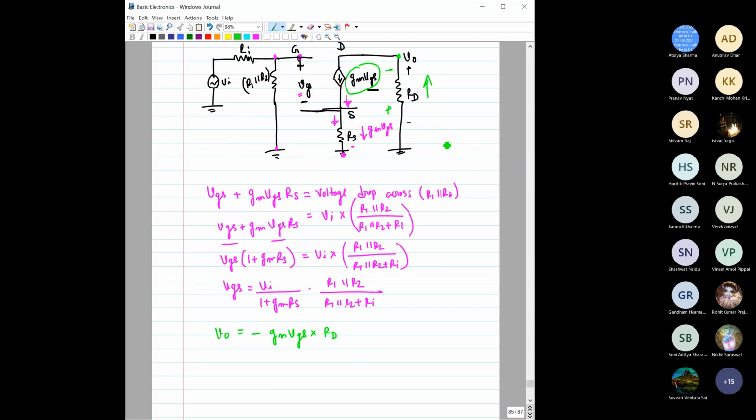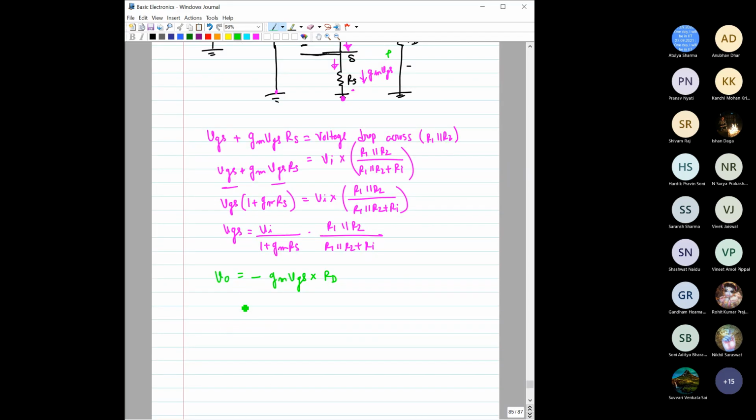Voltage drop across this. Okay. Now we already know the expression of VGS, so we can substitute it here. So GM VI by 1 plus GM RS, R1 parallel R2 by R1 parallel R2 plus RI, into RD, isn't it?